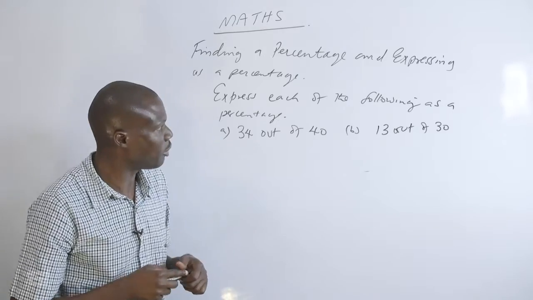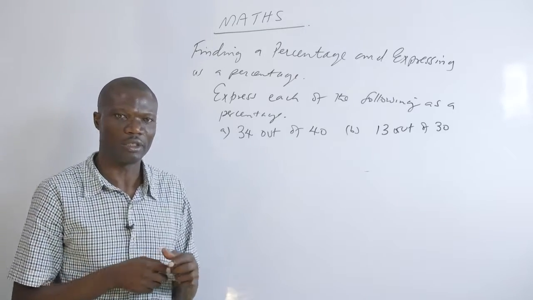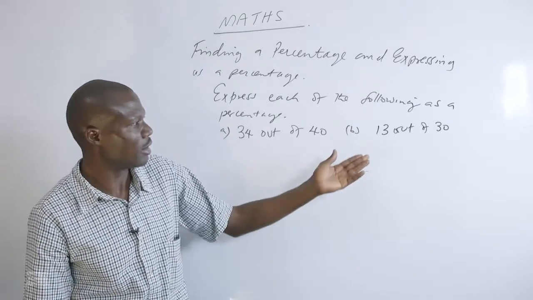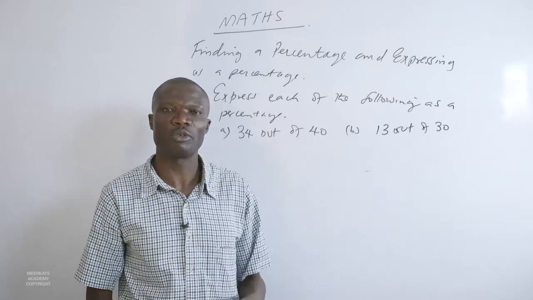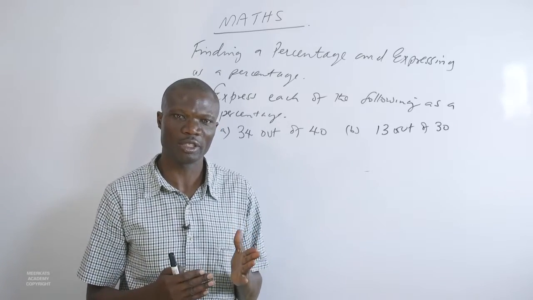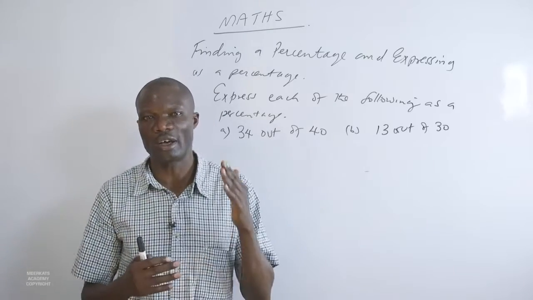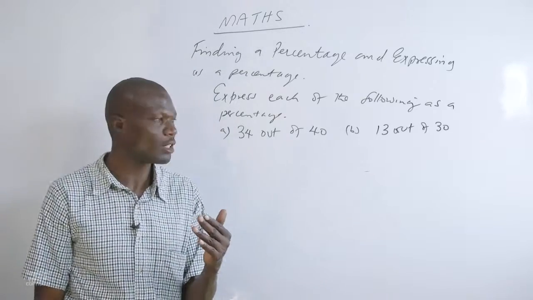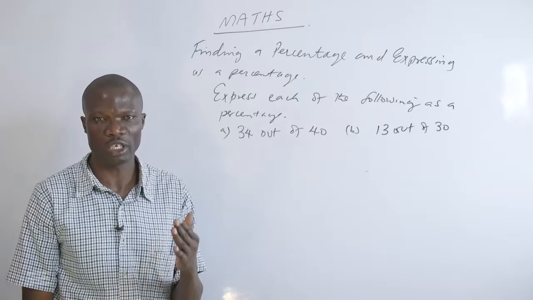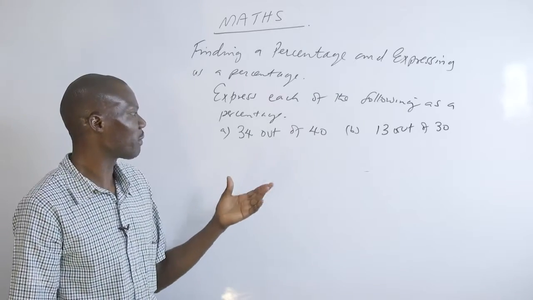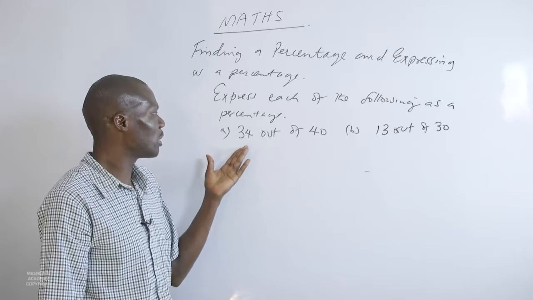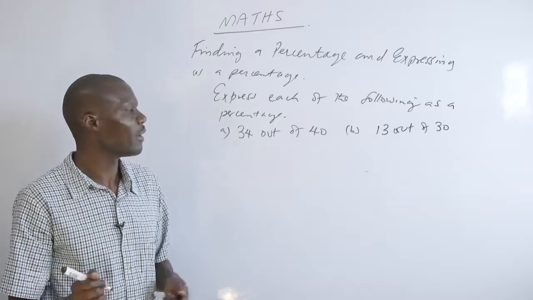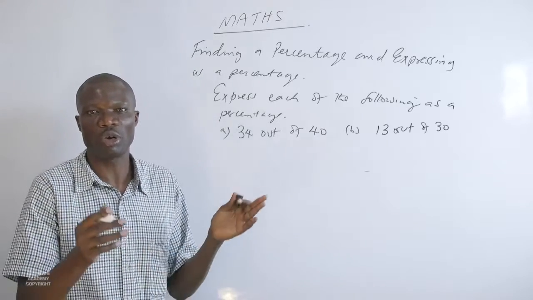Express each of the following as a percentage. 34 out of 40 and 13 out of 30. We shall observe the rules that we have just gone through in this lesson: if we are expressing part of a quantity out of the whole, we first take the part of the whole to be our numerator.